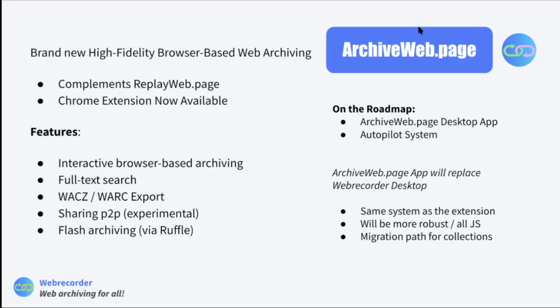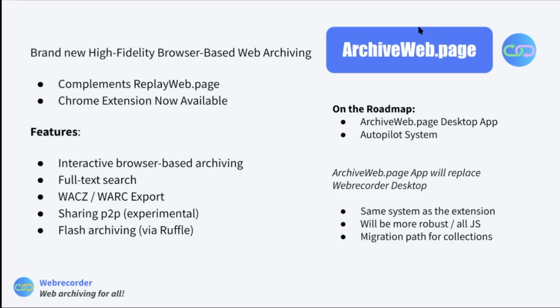It has built-in full-text search support. So as you're browsing pages, it will capture the text. It also has export to WARC and to the WACZ format, which we'll talk about in a bit. And it has even some experimental peer-to-peer sharing using IPFS.